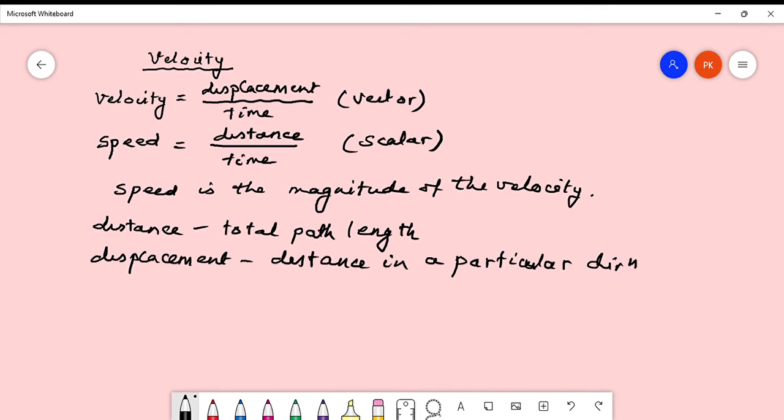So we can also say that the distance is the magnitude of the displacement vector.